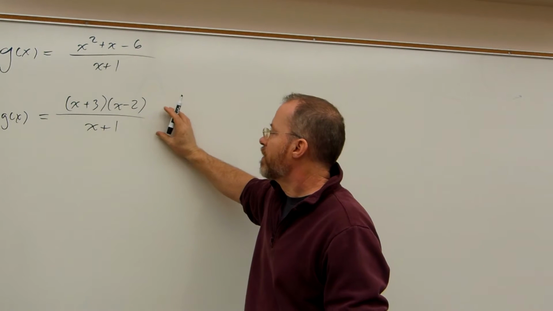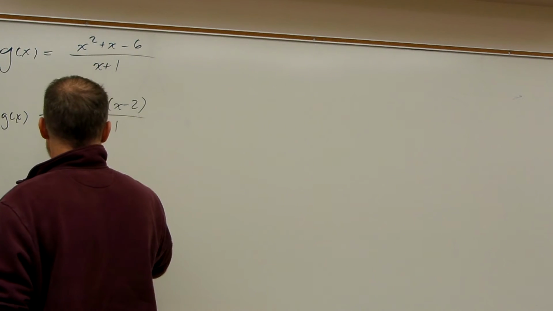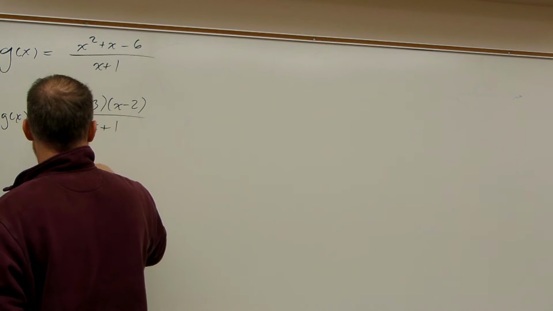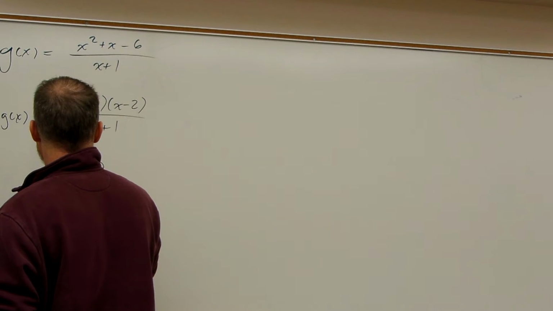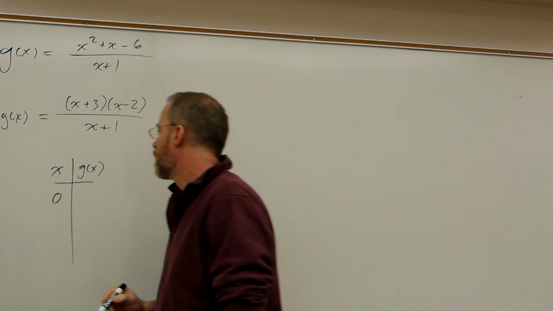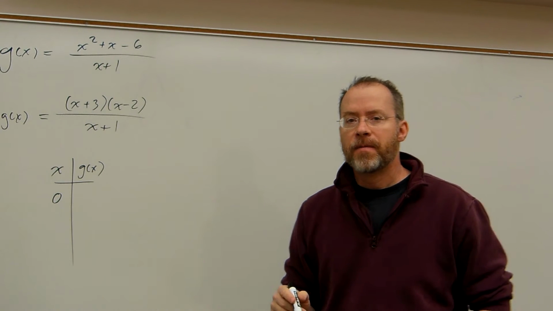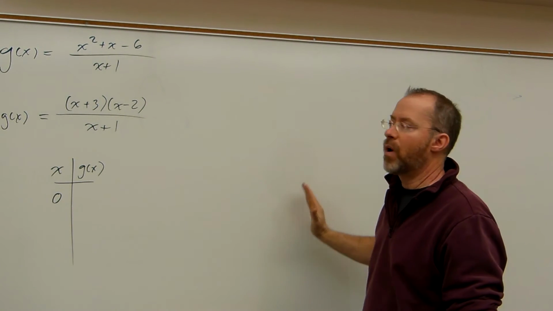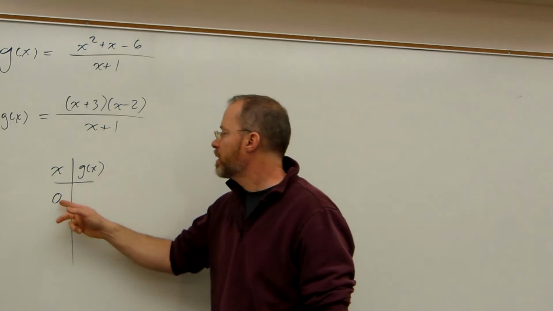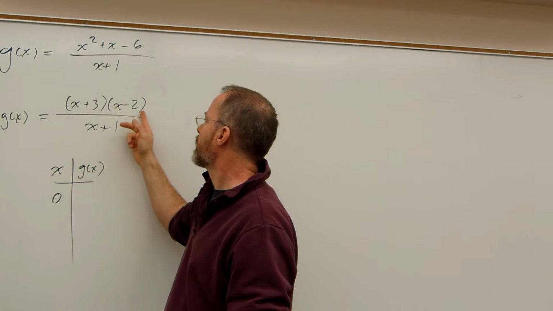Stop and look at this and think about intercepts, x and y intercepts. Suppose you were making an x, g of x point plotting chart here, and you put in 0 for x. That's going to find you any points on the y-axis, right? It's going to find you y-intercepts. So we put in 0 for x. g of 0 is 0 plus 3 times 0 minus 2.